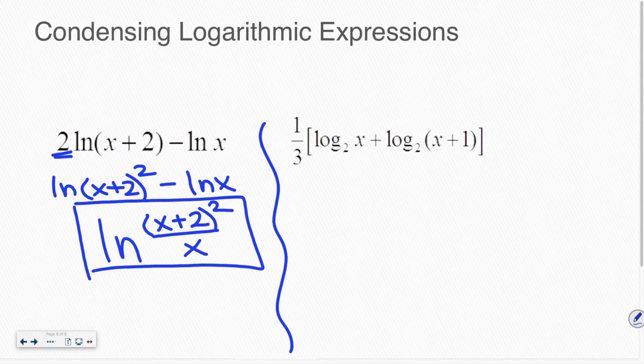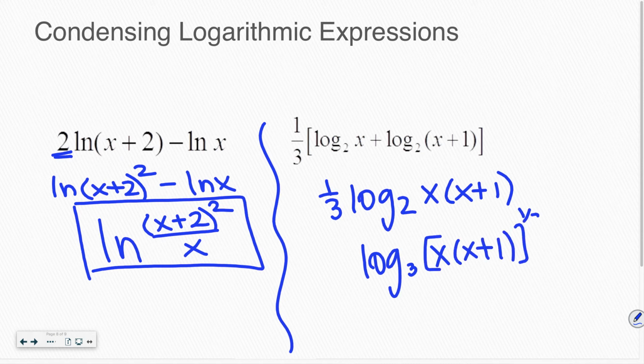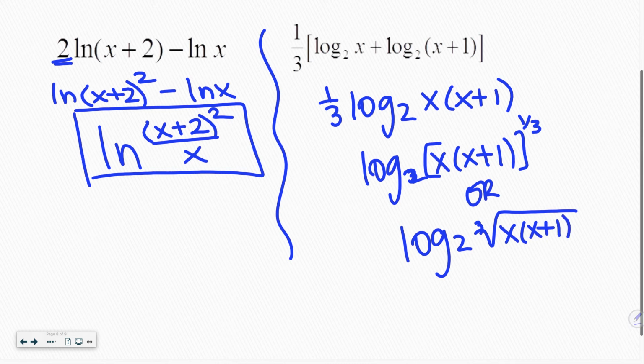So inside, we could write this as x times x plus 1. Whether you want to multiply that out or not, you don't need to. And then you could go ahead and take the x times x plus 1 and give it the 1/3 power. If you want, you could write it as log base 2 of the cube root of x times x plus 1. I would be fine with either one.